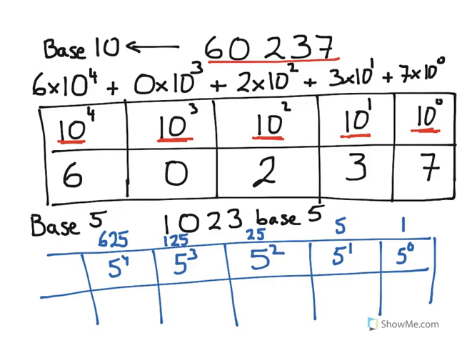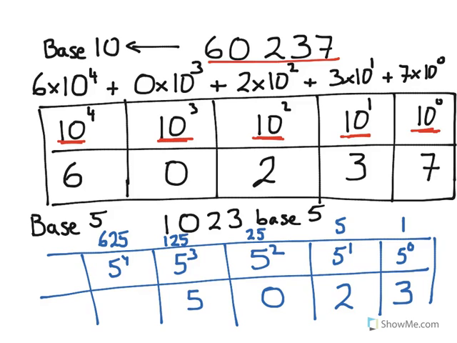Well, the way we work out what this would be in base 5 is we just fill in the table. Starting with the units, we have 3 units, and then we have a 2, then we have a 0 in 5 squared, and then we have a 1 in 5 cubed.